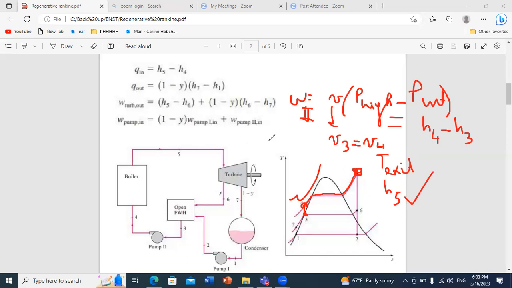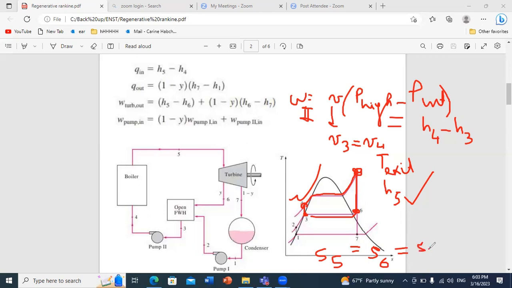And then I am entering my turbine, so in my turbine I have expansion. But here, what is new is when I reach the point corresponding to the intermediate pressure line at the same s, of course. What is common between points 5, 6 and 7 is s. So I can write that s of 5 equals s of 6 equals s of 7, because it's an isentropic process.